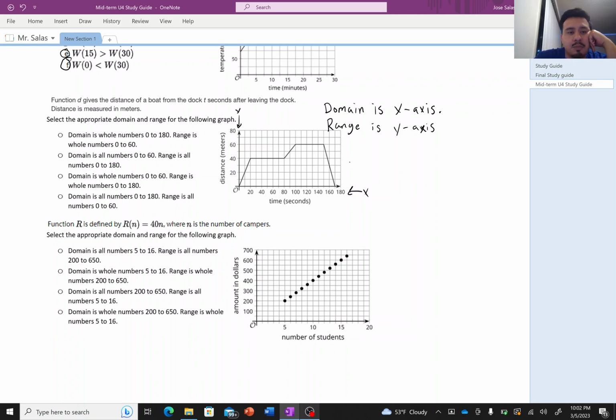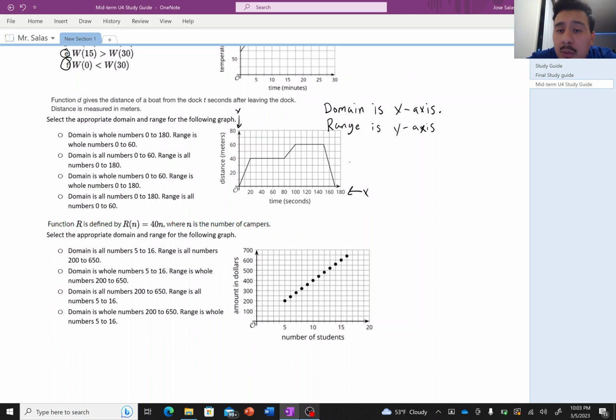So the x-axis means time in seconds. So we're looking at time, right? Suppose the domain is whole numbers 0 to 180. A whole number is numbers like 1, 2, 3, 4, 5, 6, 7, 8, 9, 10, 11, 12, all the way to a million, a billion, and it keeps going forever and ever.